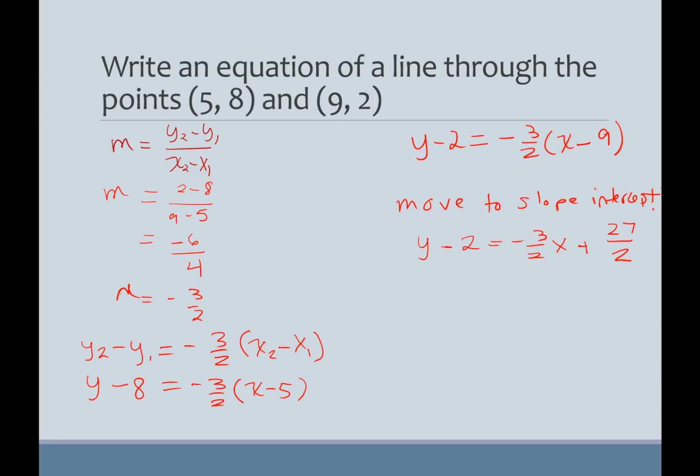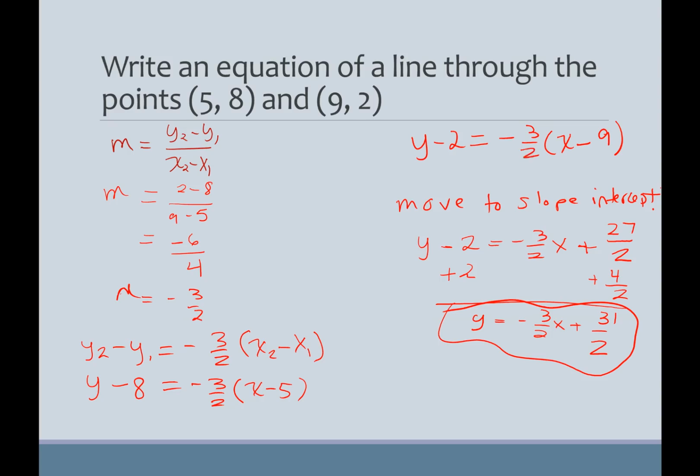Here we don't want to get rid of the fractions, so I'm going to add 2. Adding 2 is the same as adding 4/2. So I get y equals negative 3/2 x plus 31/2. And I'm in slope-intercept form.